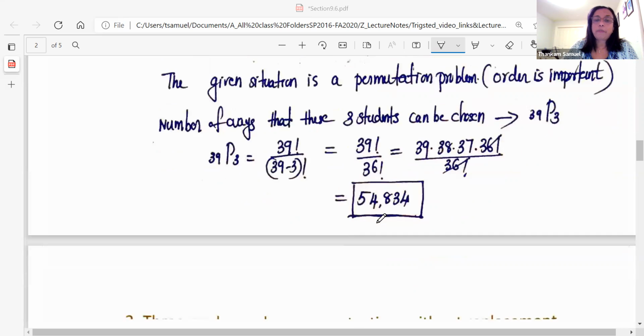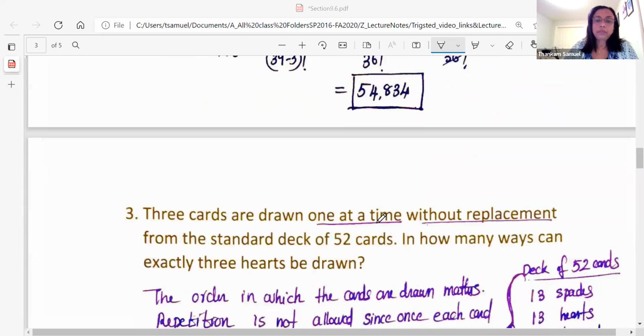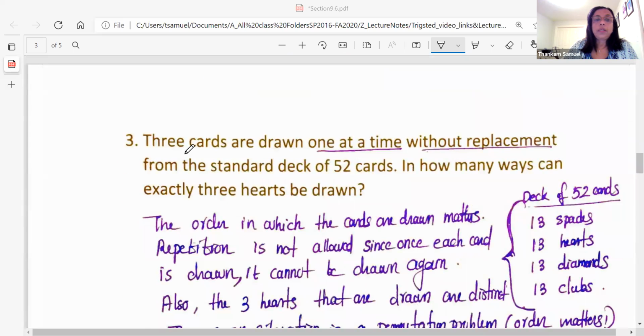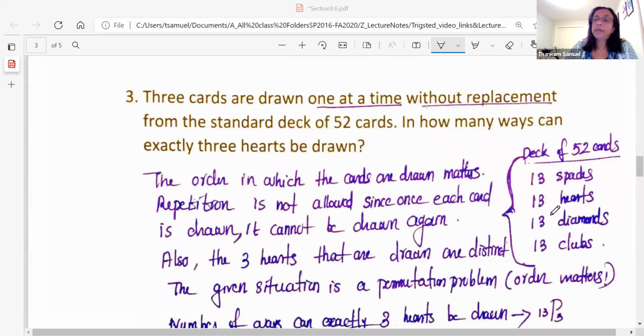Let's look at one more problem. 3 cards are drawn one at a time without replacement from a standard deck of 52 cards. In how many ways can exactly 3 hearts be drawn? So you are familiar with the standard deck of 52 cards.